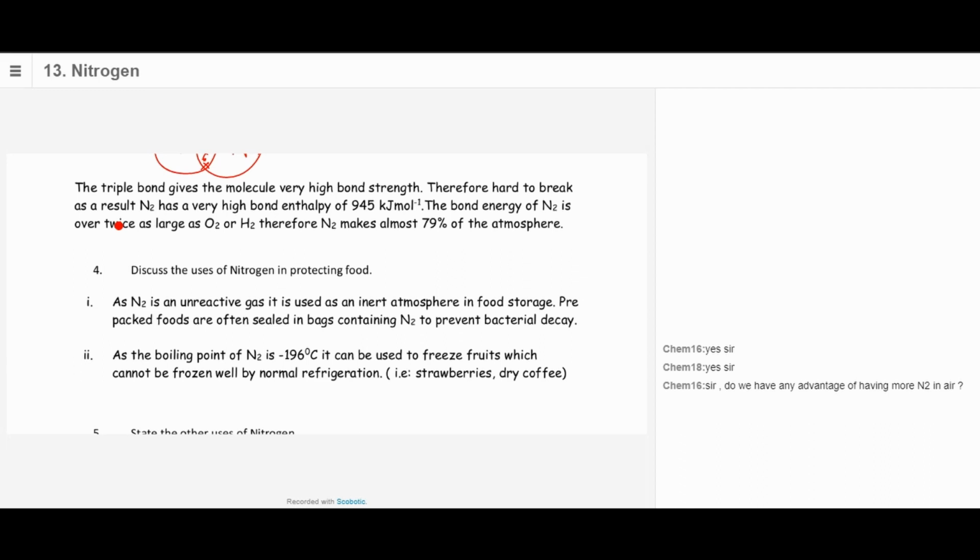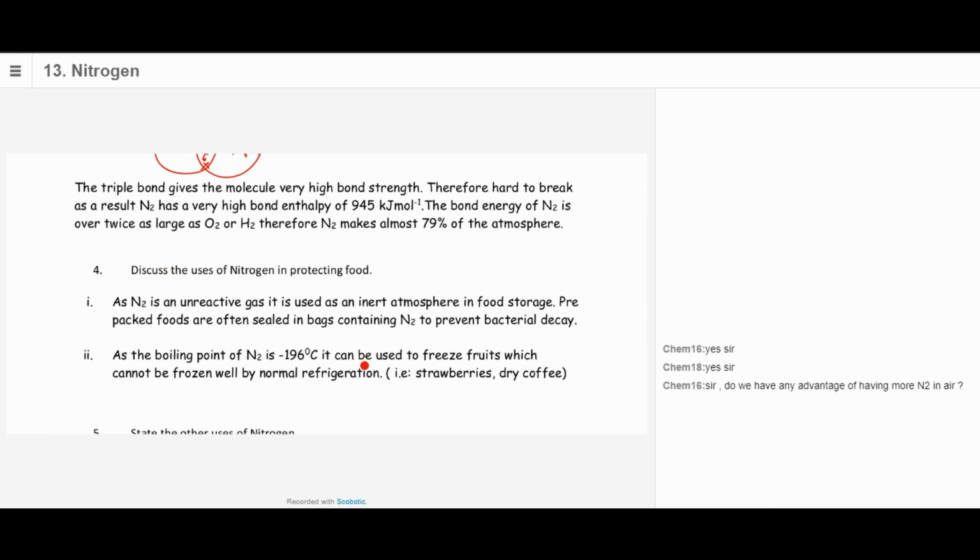Imagine if oxygen were 80%, we would not be able to put out any fire, because the whole globe could catch fire within a few hours, which is very dangerous. So it's very important that the atmosphere is not very reactive. That's the reason why in nature 80% of air is nitrogen.